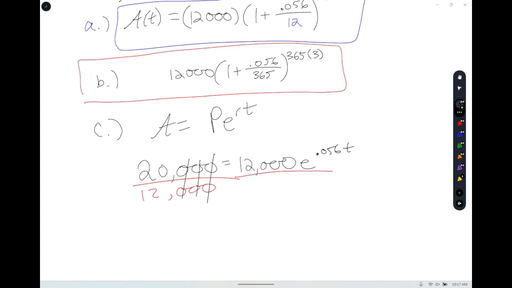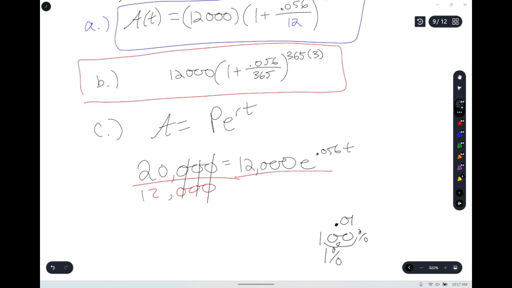Percent sign means move the decimal twice. Why do you move the decimal twice? I mean, it's out of 100, 100%. If you want 1%, you have to move the decimal twice.